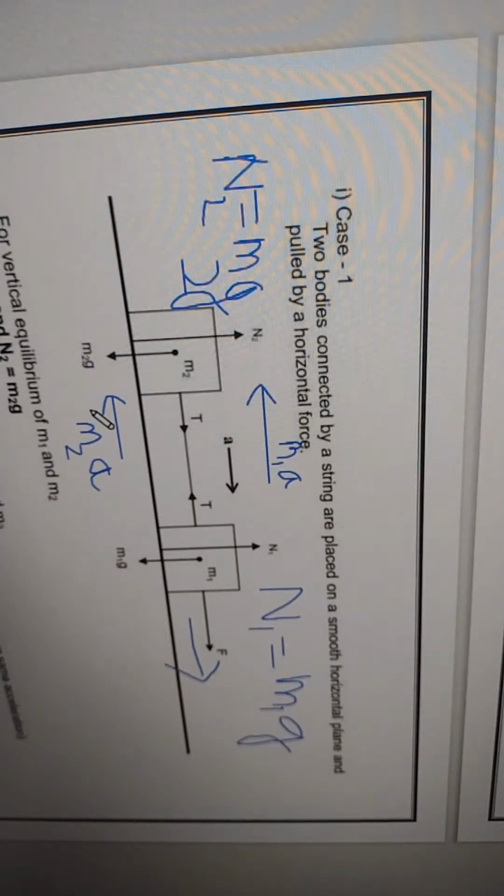Horizontal direction is F minus T. F is in this direction, and for this body only we are considering this body.